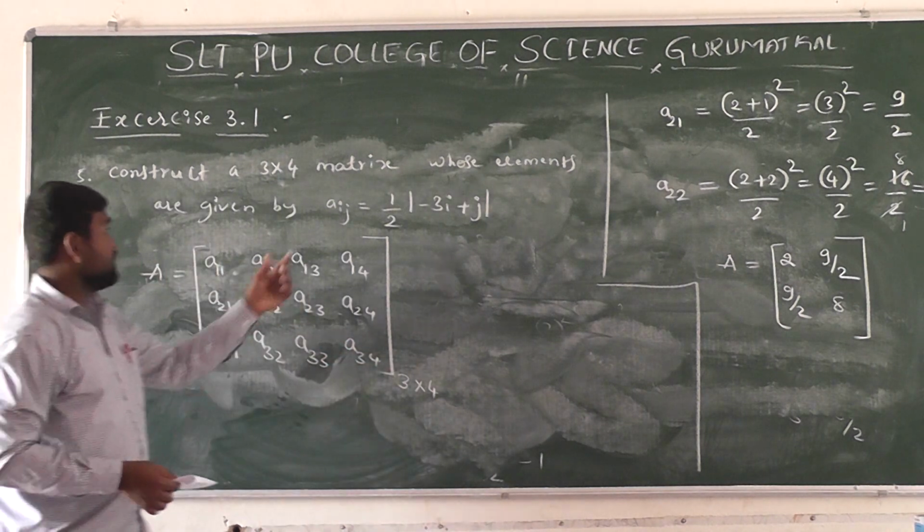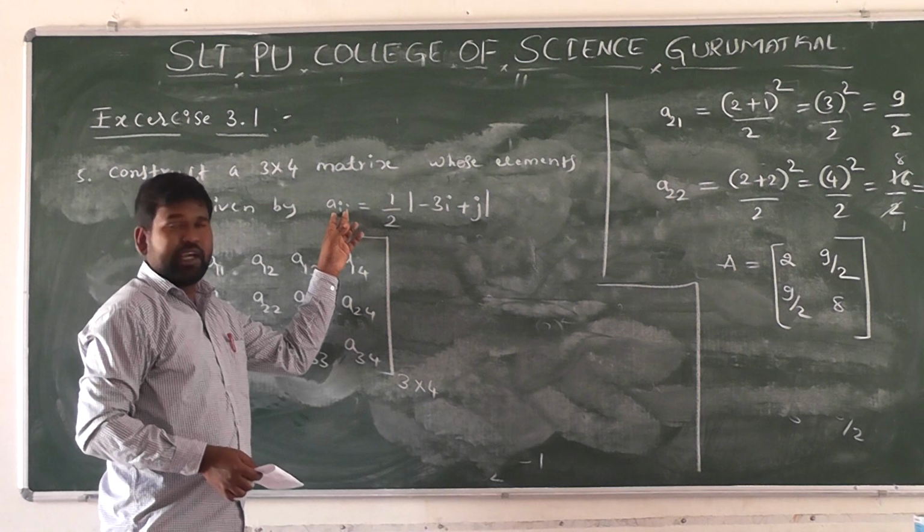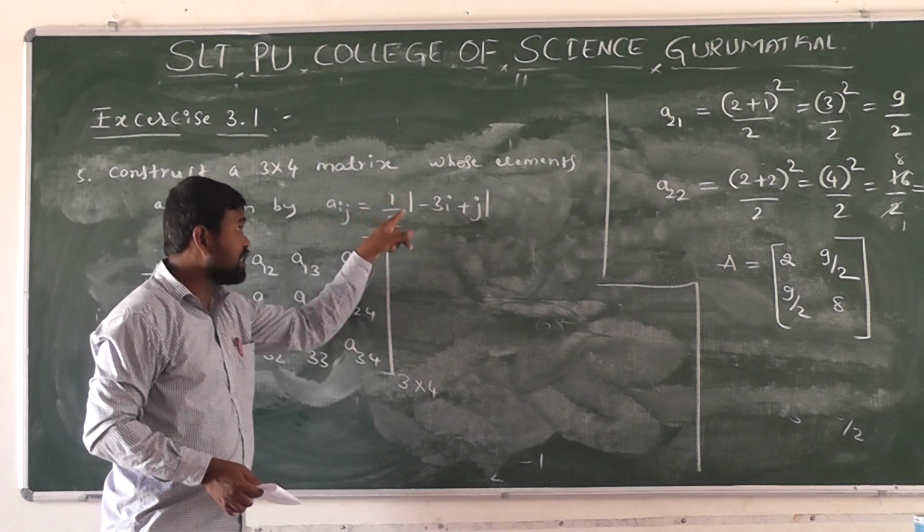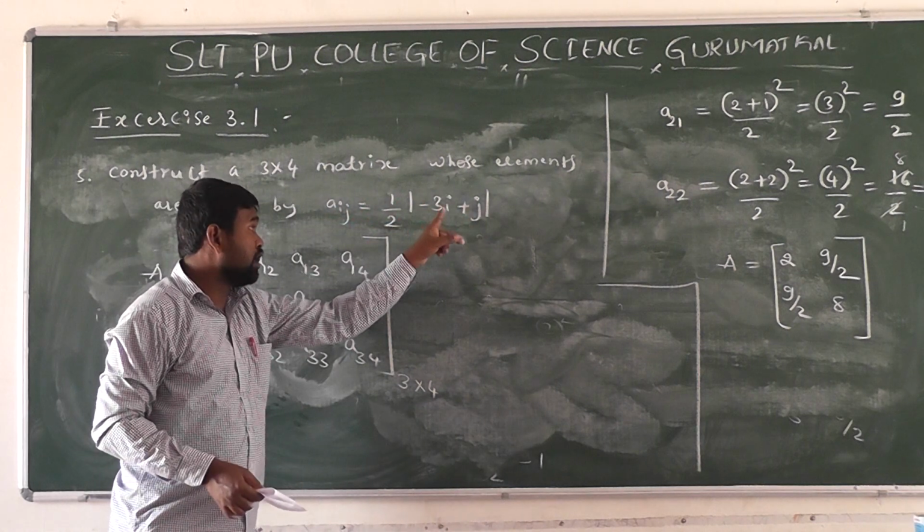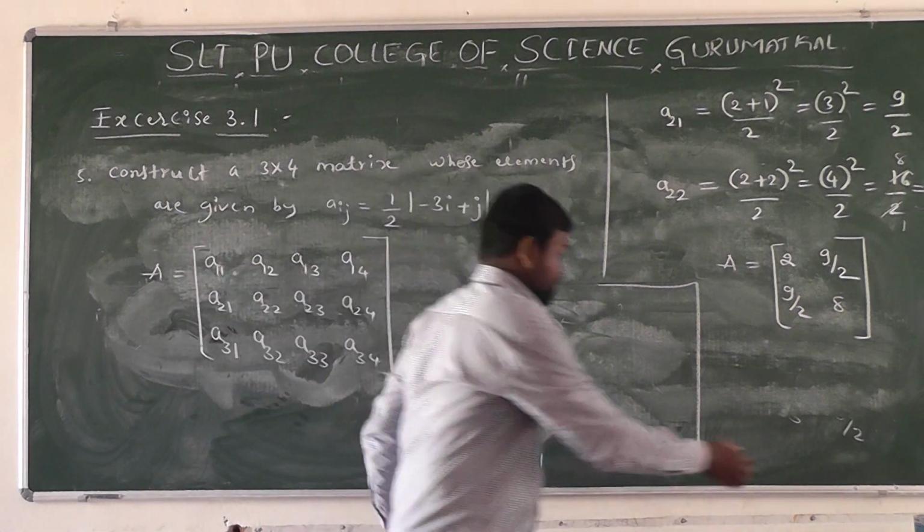Right? What elements are given here? Aij is equal to 1 by 2, this is the modulus here, modulus of minus 3i plus j.